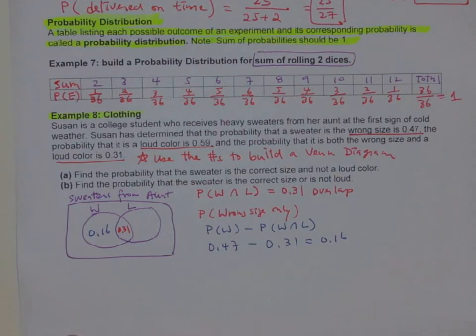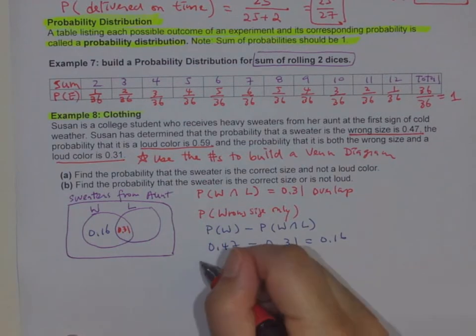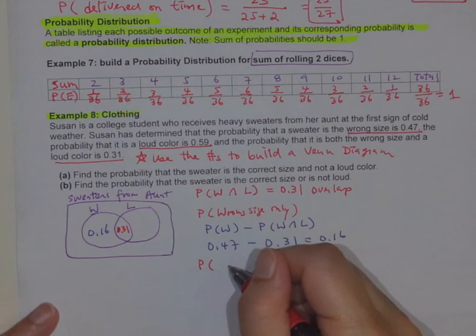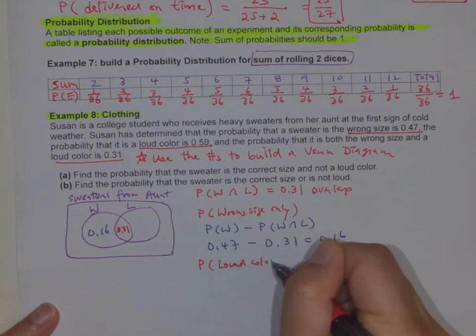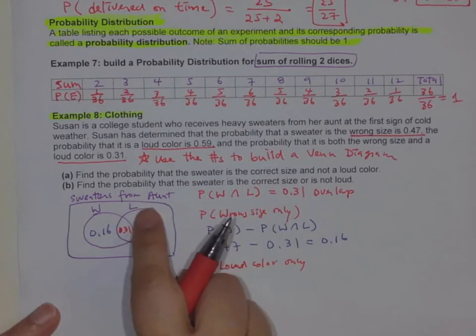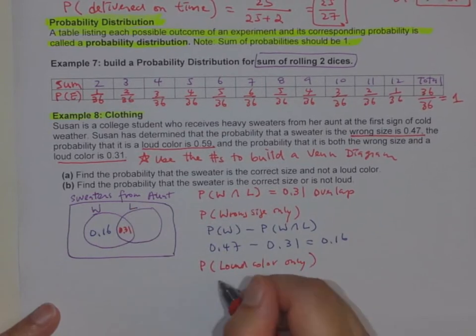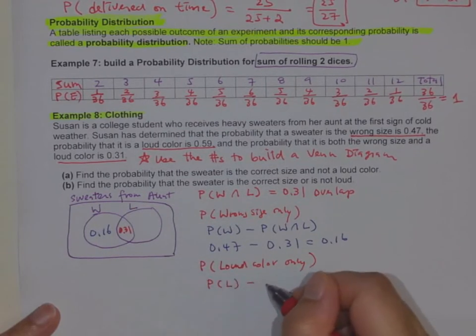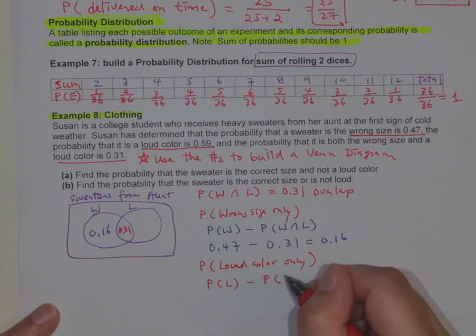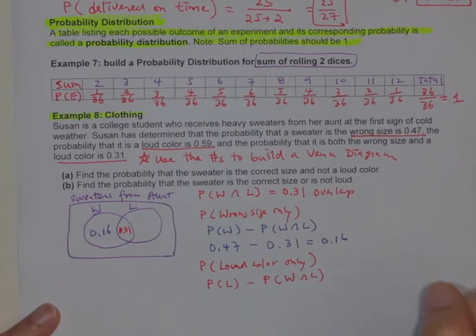And then we are going to do the probability of loud color only. So just this part. So we use the probability of loud color subtracting the overlapping part, wrong and loud.